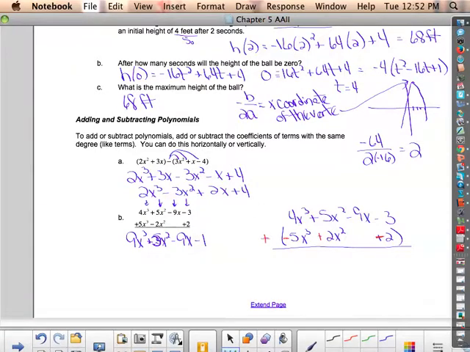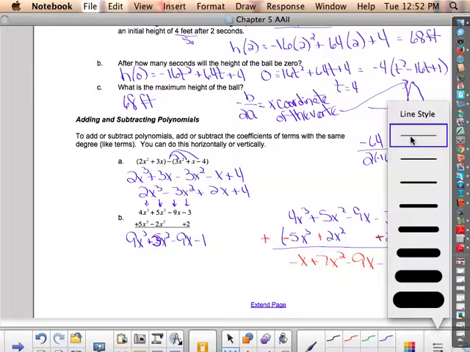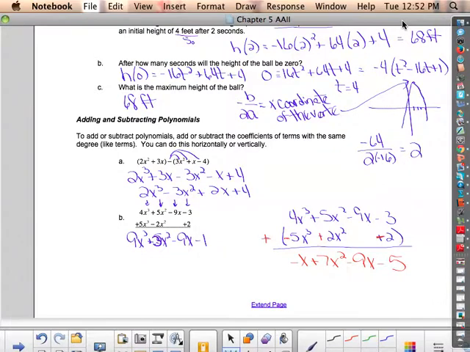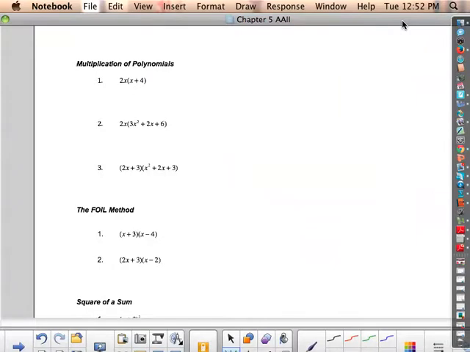So now, when I add these together, I get minus x plus 7x squared minus 9x minus 5. Okay? Either method, whichever one works best for you or you feel more comfortable with. I don't ask you to do them specifically.